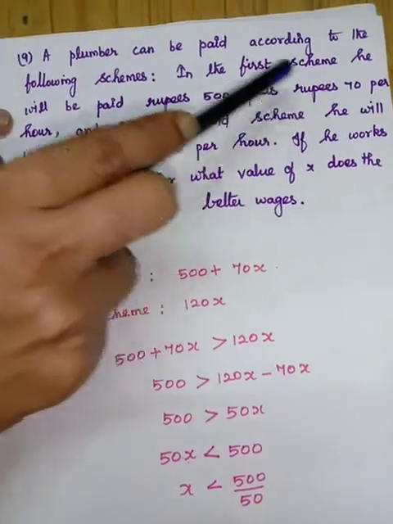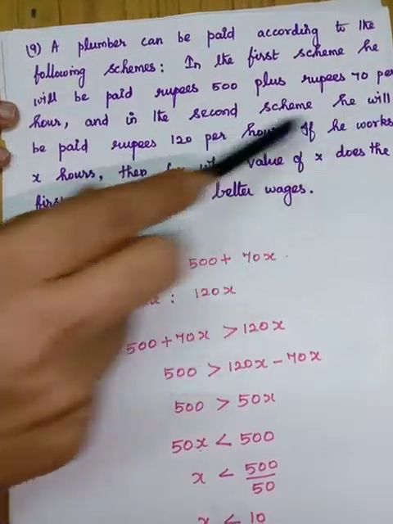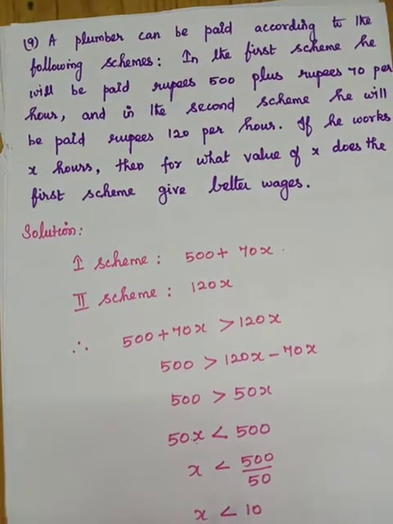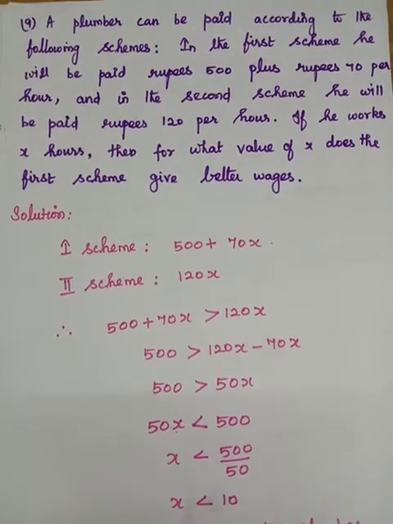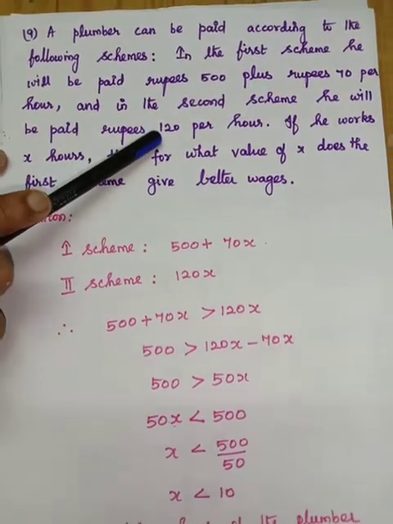And in the second scheme, he will be paid rupees 120 per hour, no fixed amount. For 1 hour, he will be paid 120 rupees.